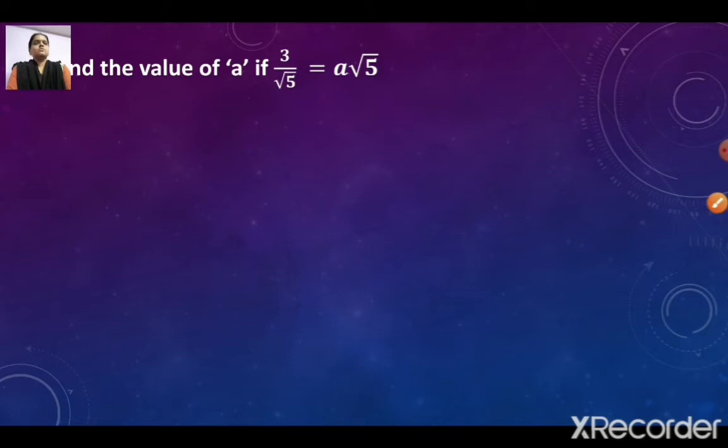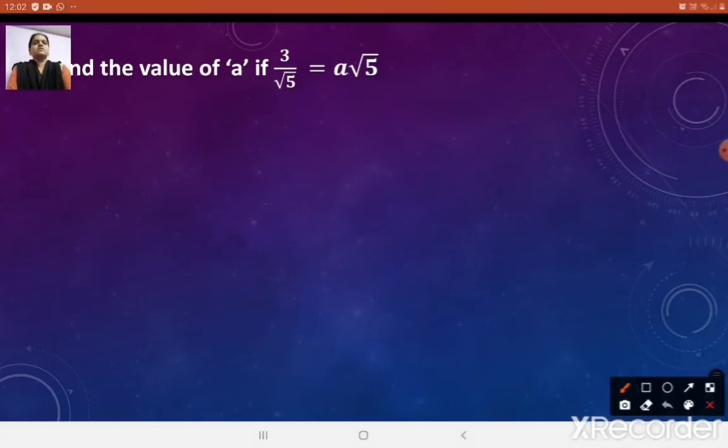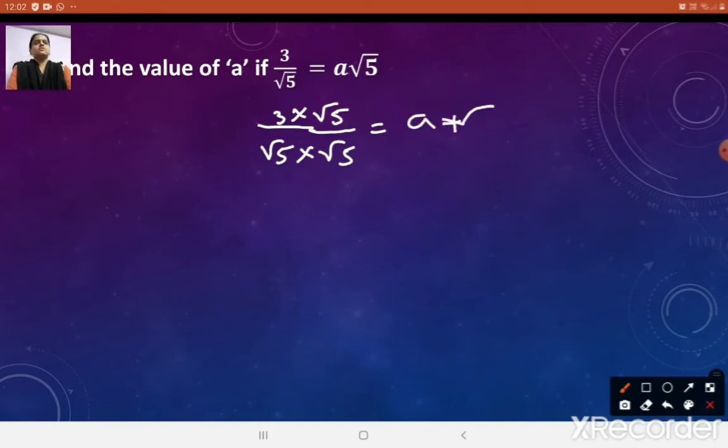It will become as what? 3 upon root 5 is given. So multiply numerator and denominator by root 5. Keep the right hand side as it is, a root 5. Correct?